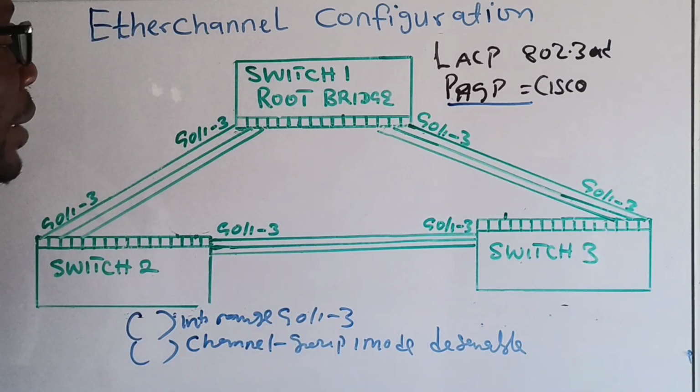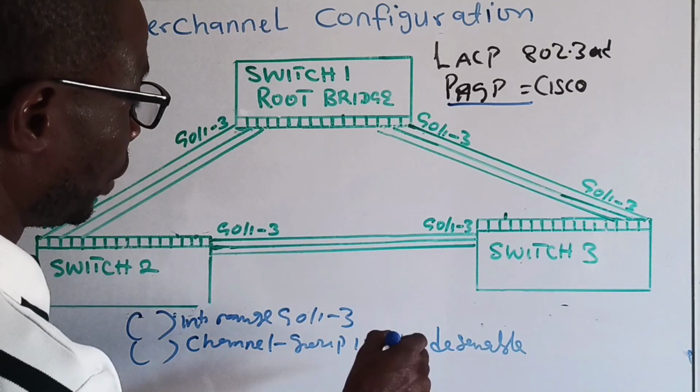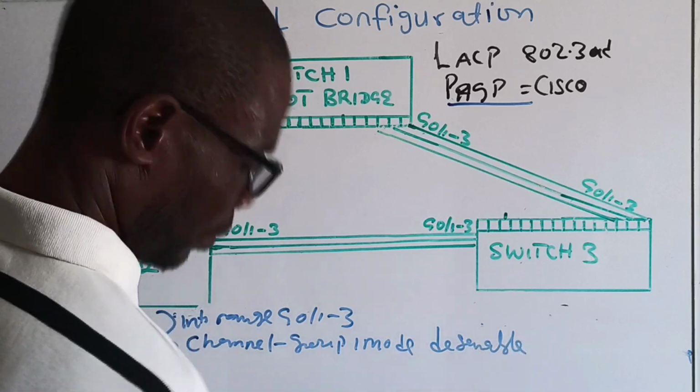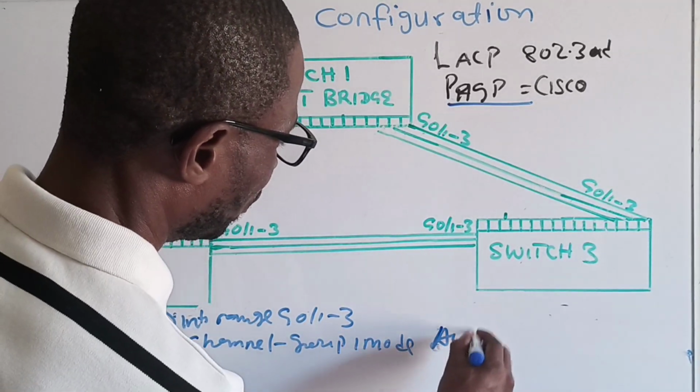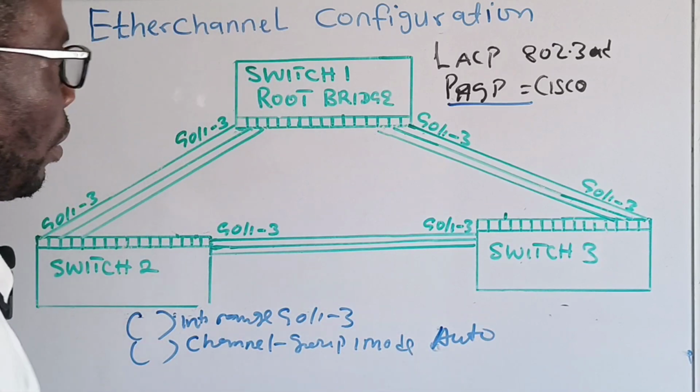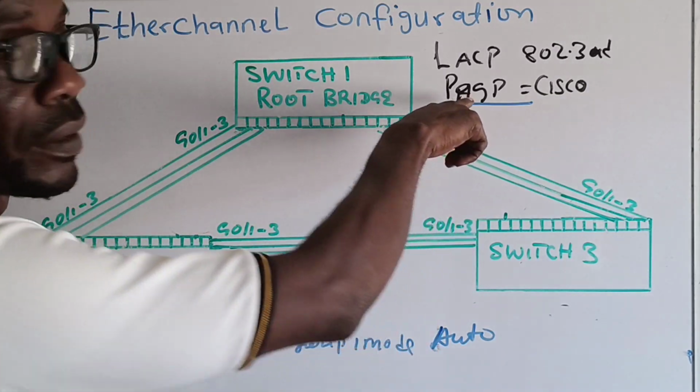You hit enter. The other end, you put channel-group 1 mode auto. By doing this, you have enabled this.